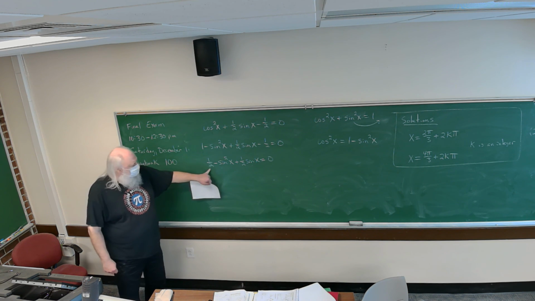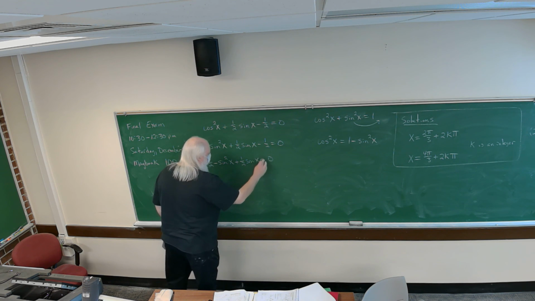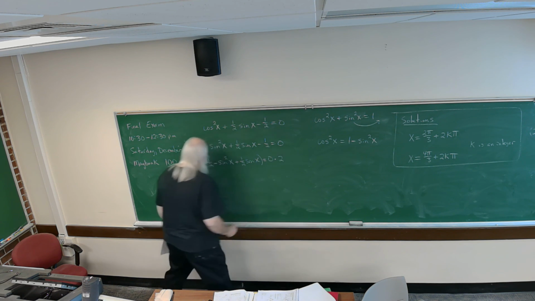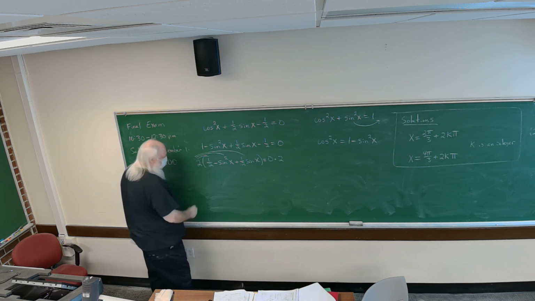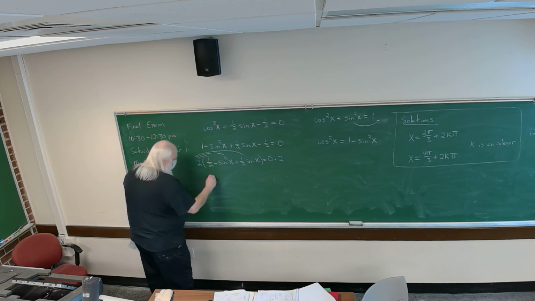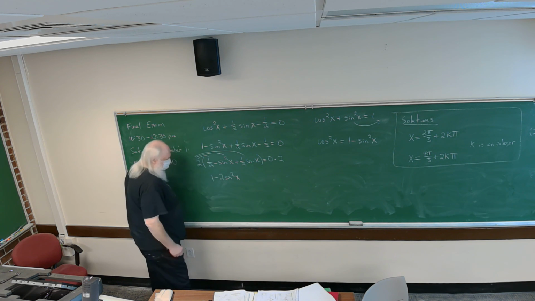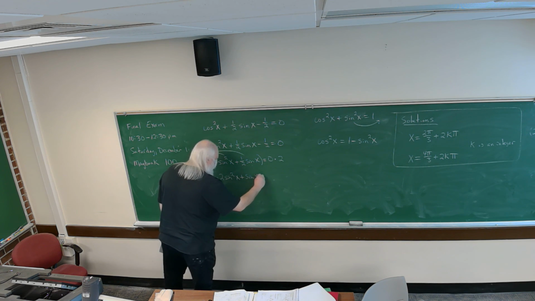Now I want to get rid of these fractions. So to clear the fractions, I can multiply both sides by 2. And so when I distribute the 2 inside the parentheses here, 2 times 1/2 is 1. And then minus 2 times the sine of x squared plus the sine of x.